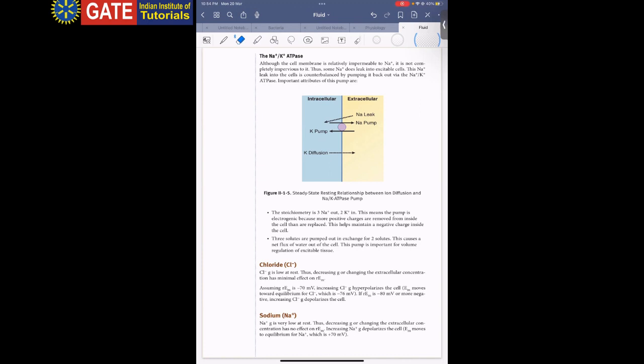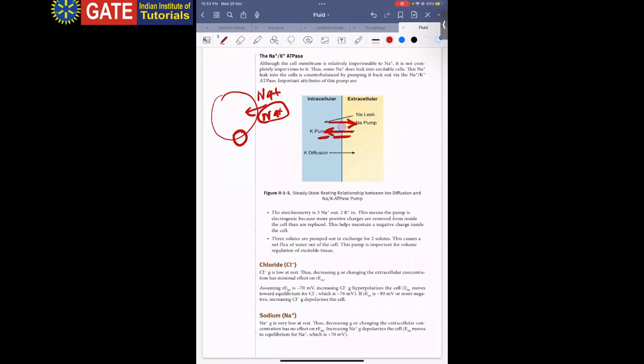So although our cell wall is impermeable to the potassium and the sodium, some of the sodium and potassium still leak, and to counteract that leak, we have a pump known as the sodium potassium ATPase pump. This pump will move the sodium out and will pump the potassium in.